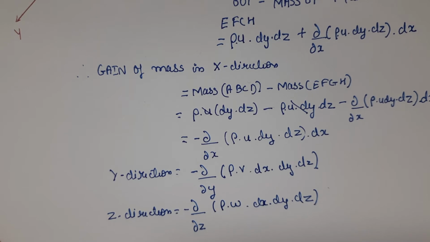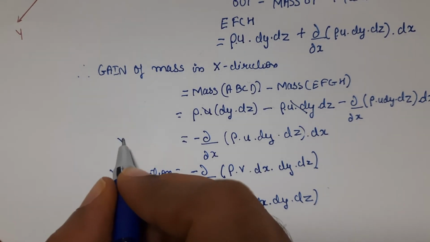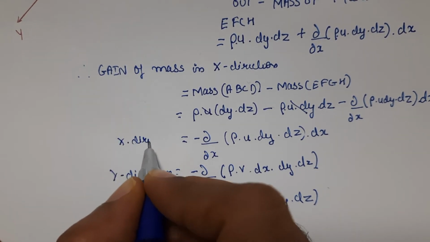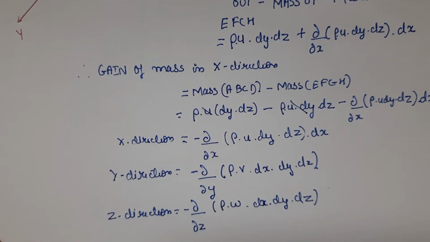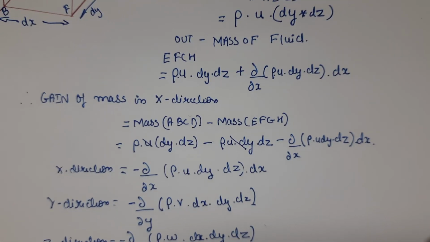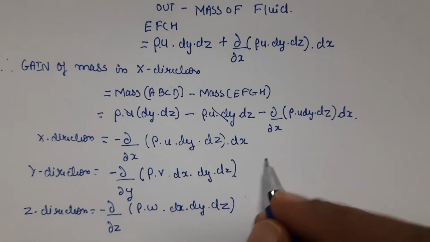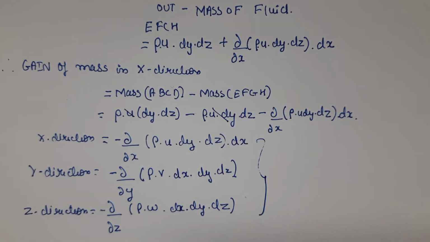So the net, and this is in x direction, the net gain of mass in all the directions, we can write as the summation of all this.